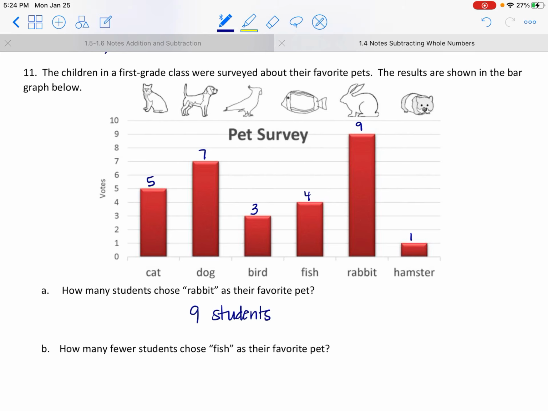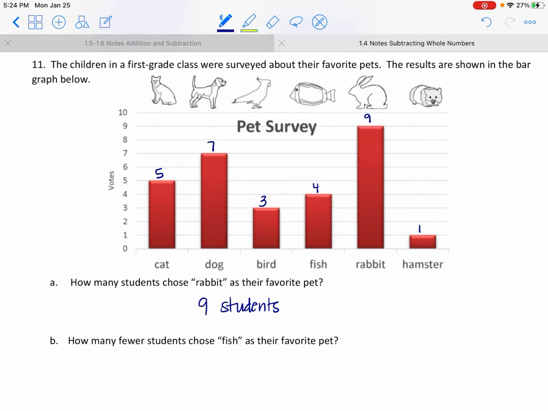And then part B, it says how many fewer students chose fish as their favorite pet. So how many fewer means based on part A, how many fewer students chose fish than rabbits. So we're connecting this to part A. So then rabbits, just so we're clear on what we were subtracting from.